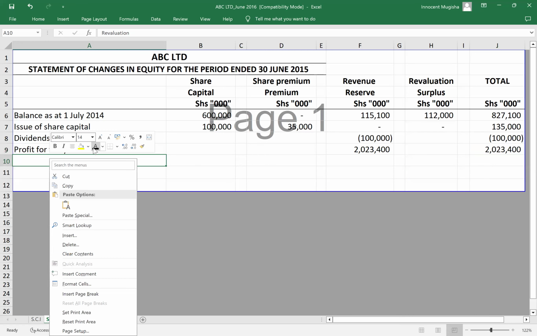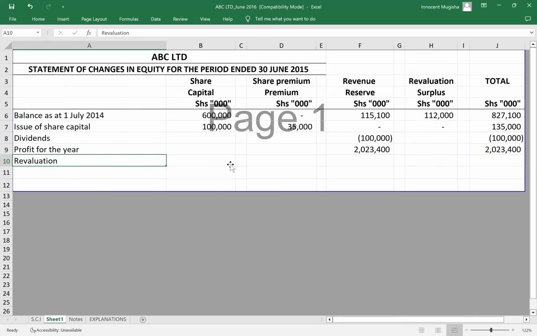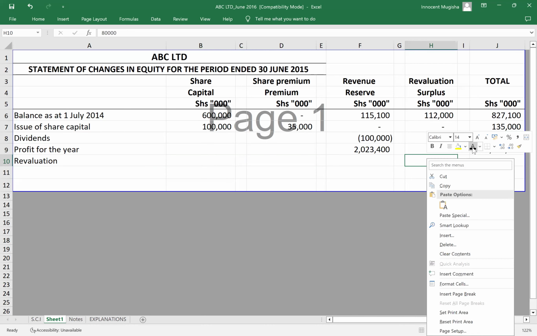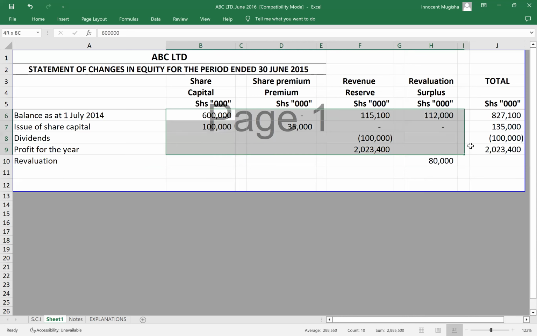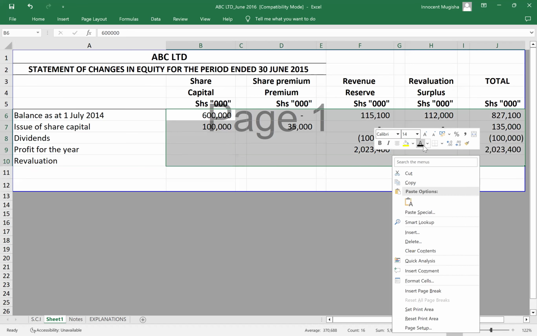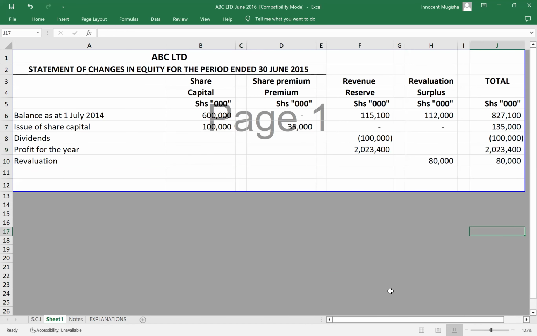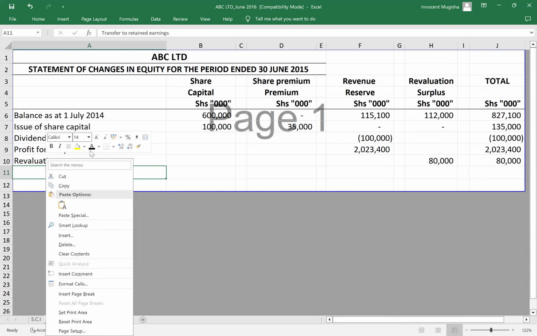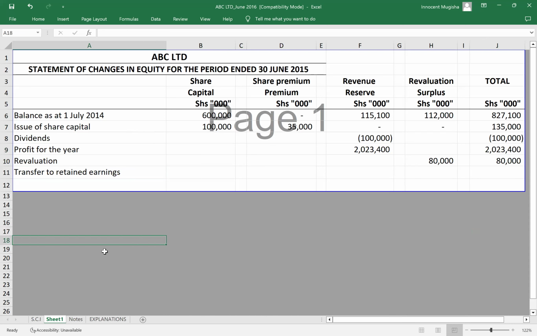Next is the revaluation that happened. We have indicated in the additional information that a revaluation was done, which led to an increase in the revaluation by 80 million. Then we are told that there was a transfer to retained earnings.